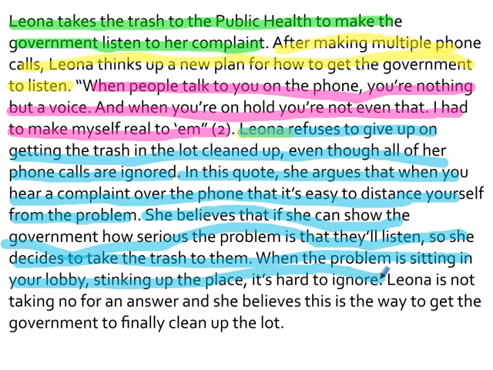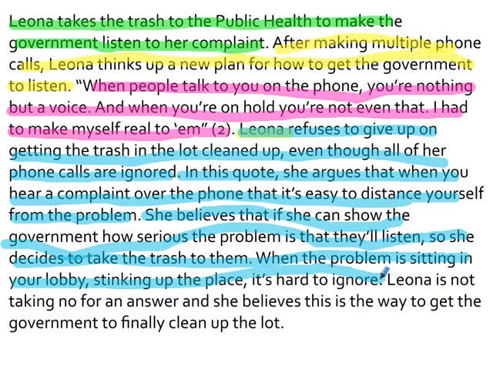My blue section is going to be the longest section of my paragraph. But through my explanation, I prove to you this inference: that Leona's motivation for taking the trash to the public health department is to make them listen.